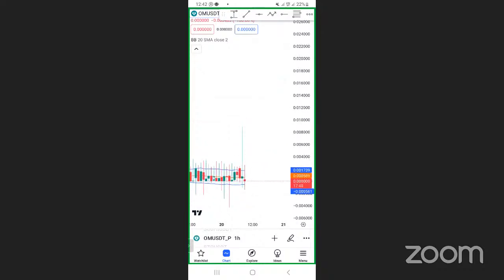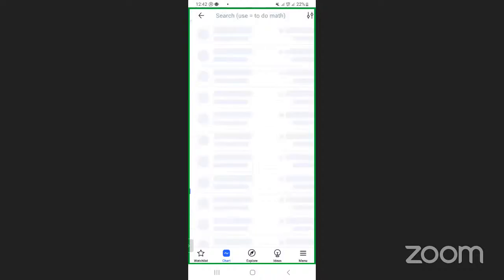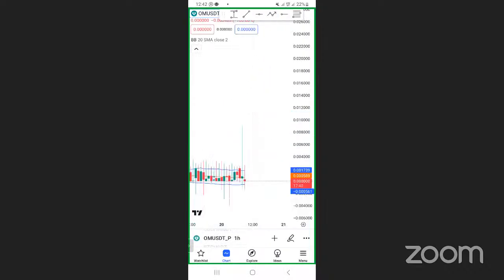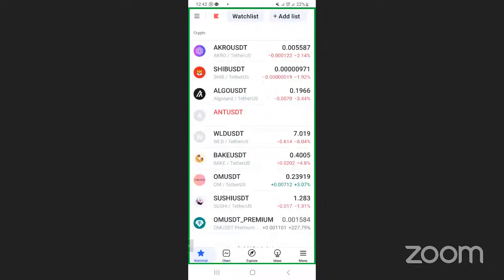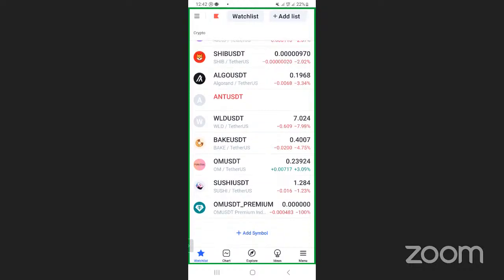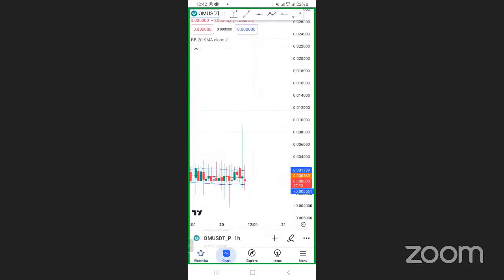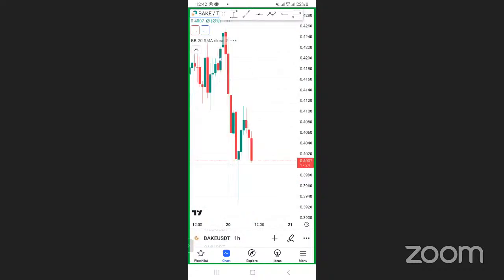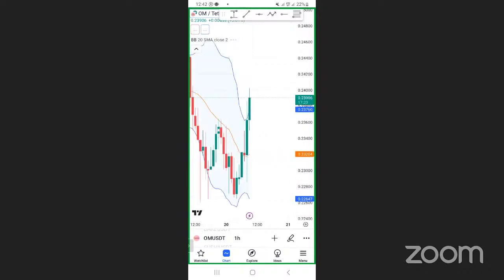Maybe I selected the wrong pair. Let me go to my watch list and remove that pair. OM USDT. Oh, this is it.